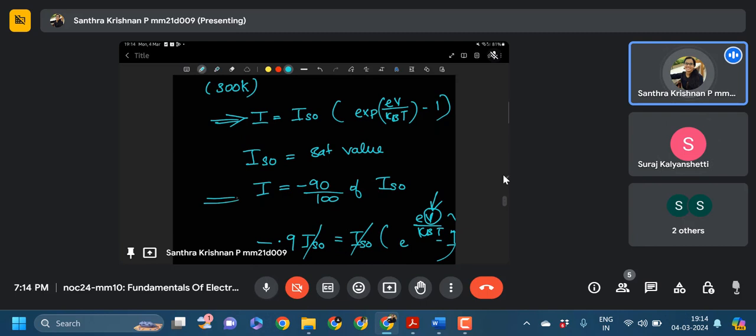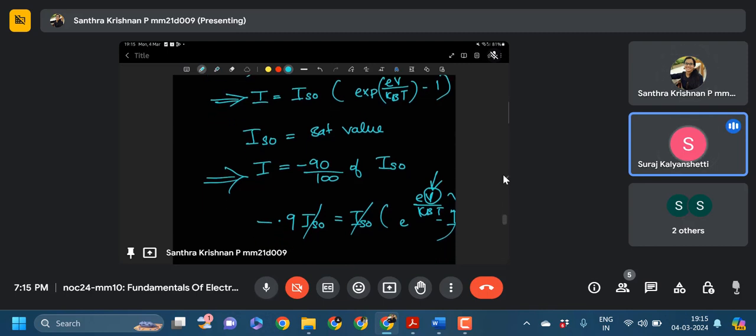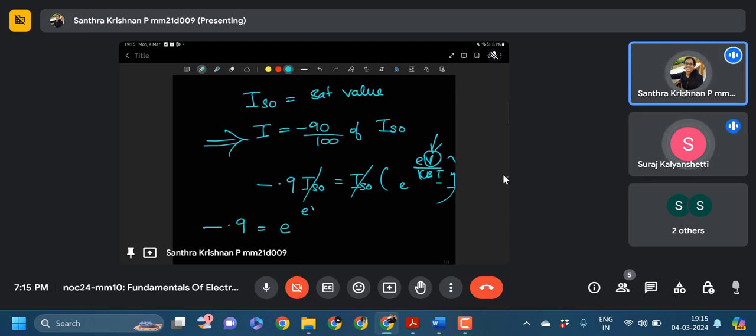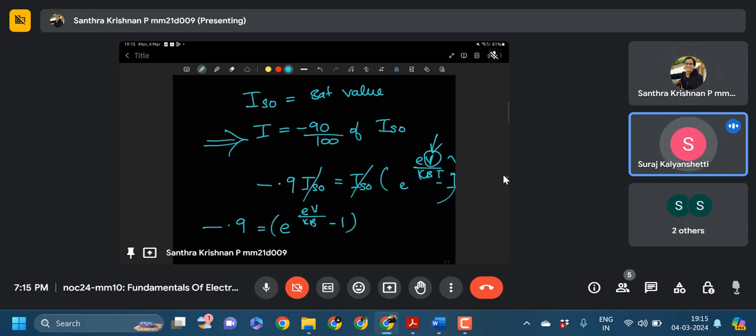This is 90 percent of the saturation value, so I becomes 90 percent of I_s. Minus 0.9 is equal to e power eV by k_B T minus 1. You can put ln on both sides.